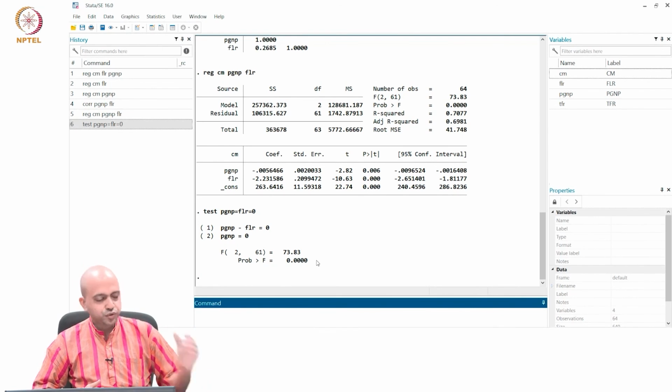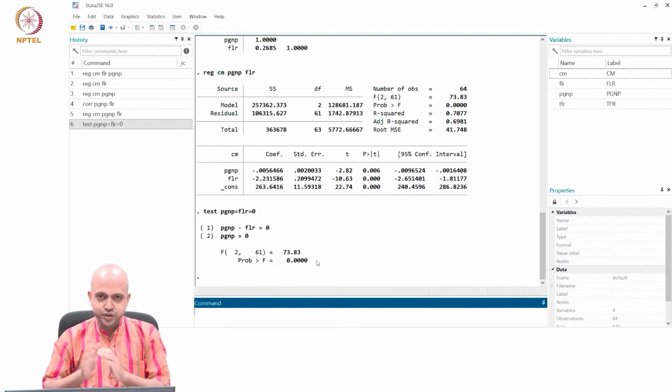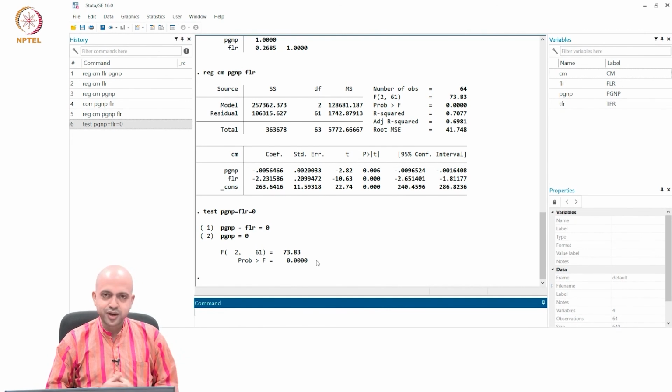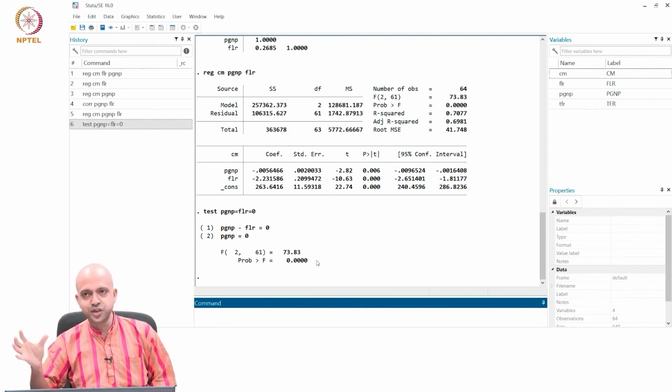So, with this we can establish the overall significance of the model. So, by now we have understood the importance of the F statistic over the T. While T gives individual significance, F gives you the overall significance of the model.